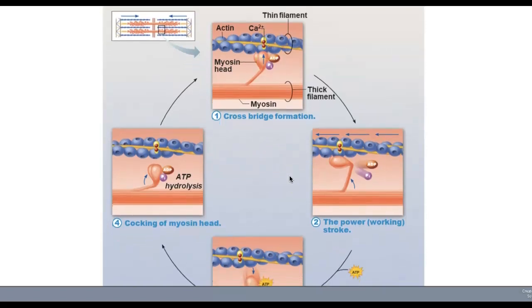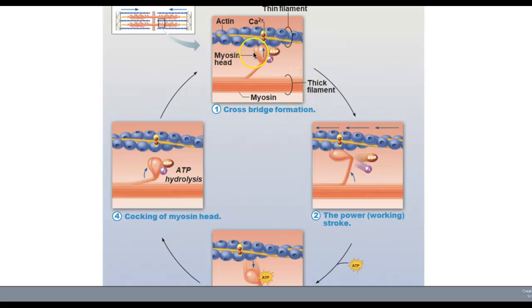All right. So then the next step is this myosin head still has energy left over from hydrolyzing that molecule of ATP. And what it's going to do with that remaining energy is it's now going to pivot. So we can see this arrow indicating that the myosin head has pivoted. Remember, there's a hinge region here, and the hinge region allows the head to pivot. And that's what we see happening here.